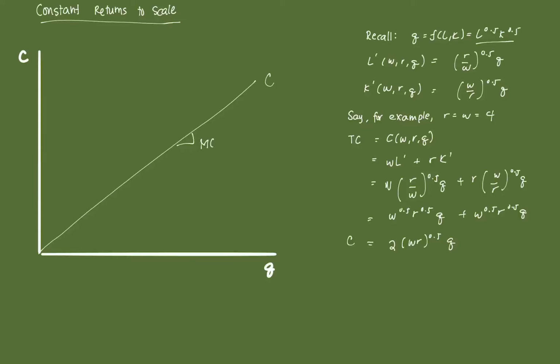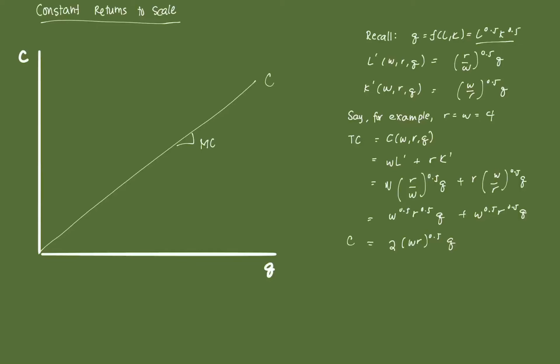So this is the slope, that's marginal cost. Since your total cost curve is perfectly linear, it must mean that marginal cost, or the slope of that, is also constant because it's a linear graph. And it's linear in Q, so it's linear with output.